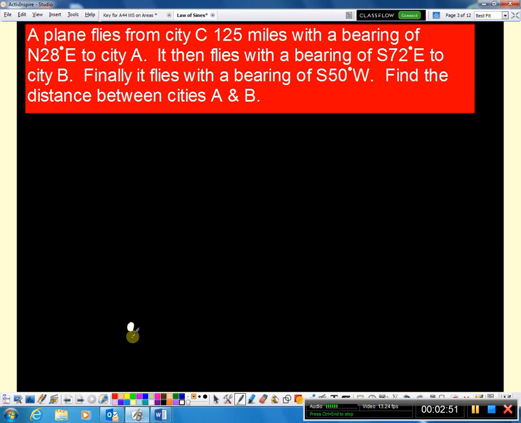If it flies with a bearing of north 28 degrees east, it's going to go in the northward direction, and then 28 degrees east of that, which would be to the right. I'll put A right here. I need to label this 28 degrees, and I'm going to label this length 125 miles.